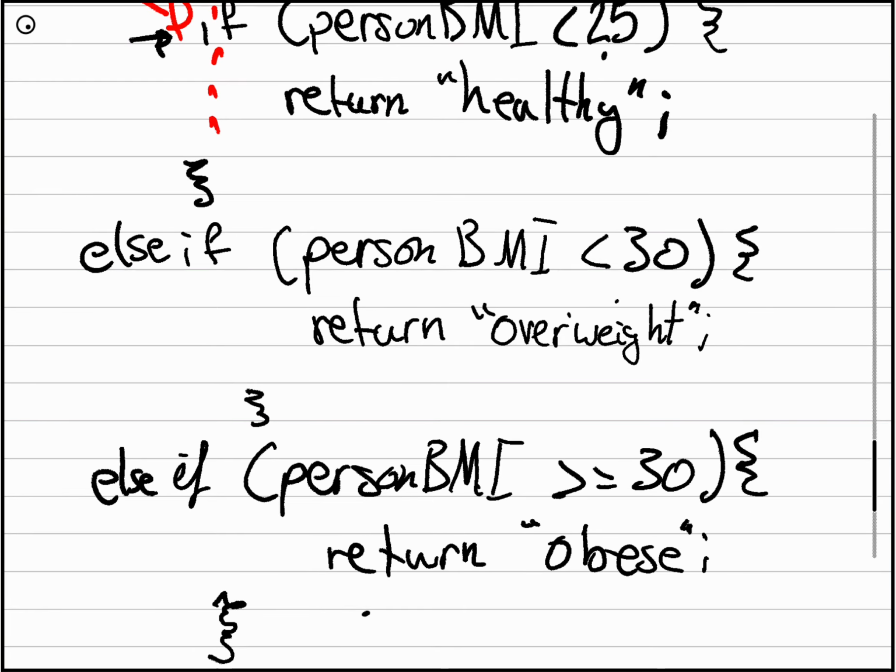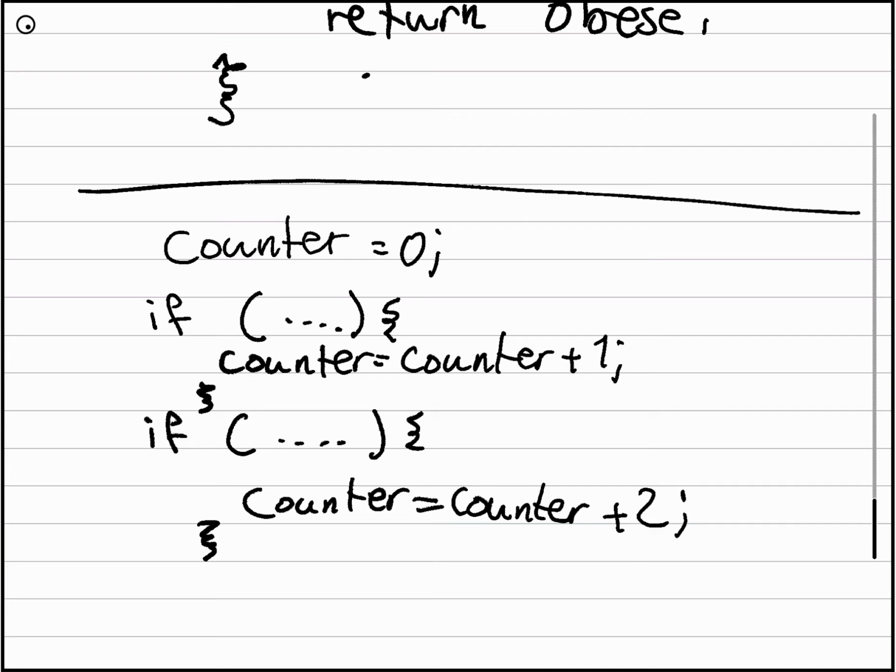Yeah. Let's say the condition here is also person BMI. Let's say in here I'm checking person BMI to be less than 18. And then in here I'm going to check person BMI to be less than 25, let's say. Oh, now I get it.